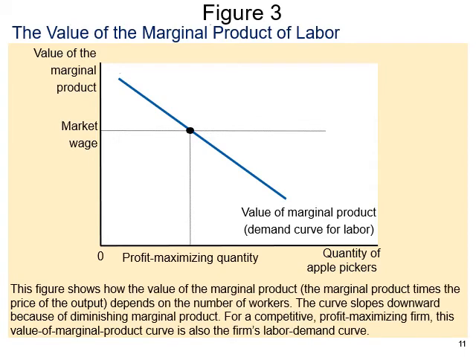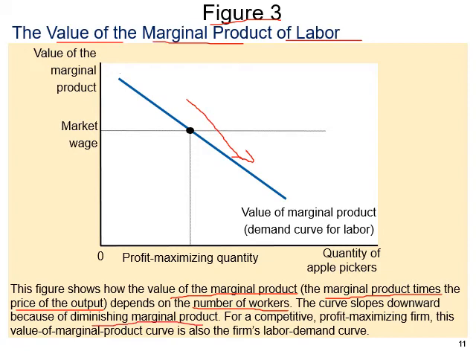So figure number 3 displays the value of marginal product of labor. So we can see that the value of marginal product of labor, which is equal to marginal product times the price of the output, depends on the number of workers. So you can see that the curve is downward sloping, with a negative slope, because of diminishing marginal product.